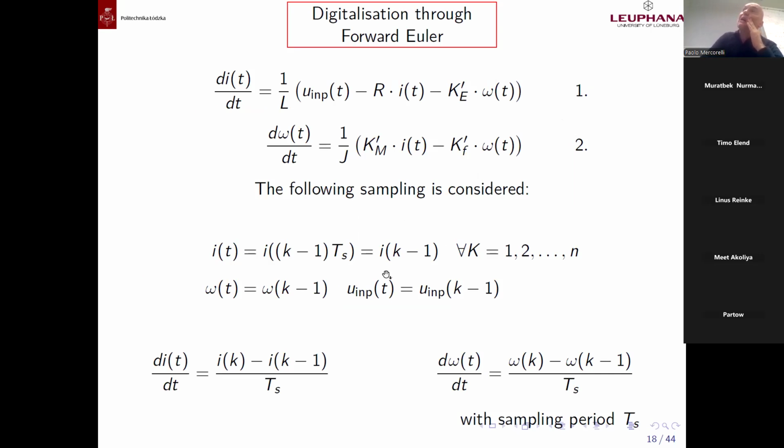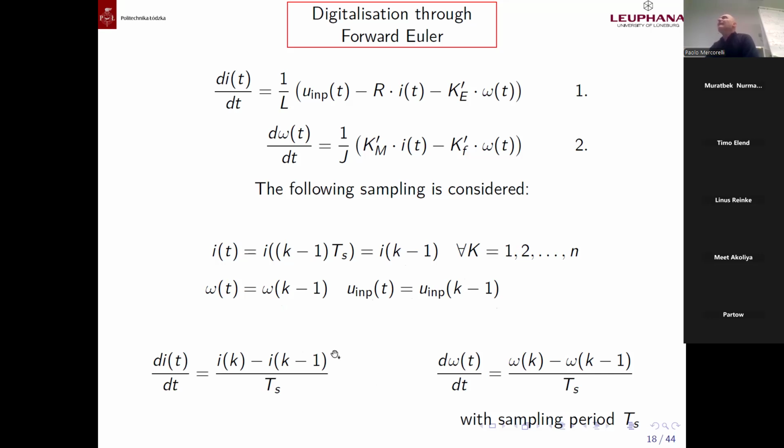The discretization which I will present in this course is the classical forward Euler discretization, which is basically characterized by a prediction forward. We can see from here, we approximate the actual current and the actual velocity, let me say angular velocity, the actual input, considering k minus 1. Why this idea here?